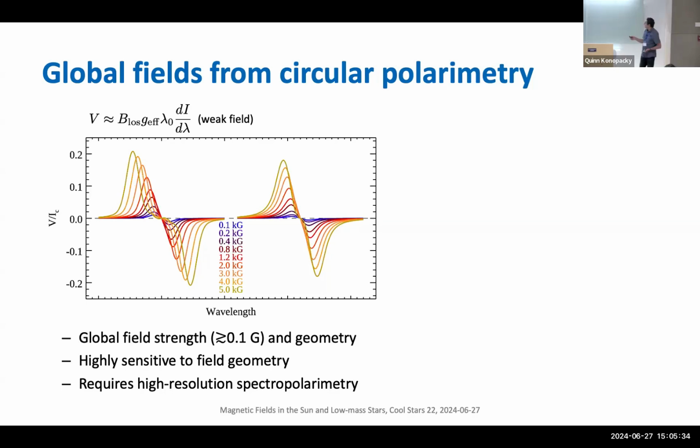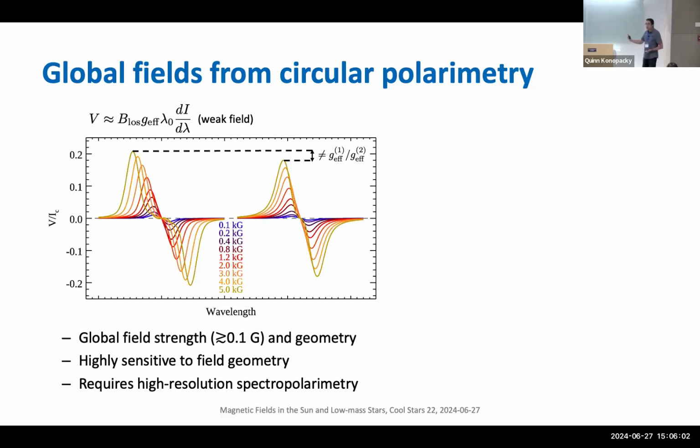And also one thing that is appearing, the amplitudes of the signals are no longer tracked by the ratio of effective Landé factors. So that's the prominent effect coming from deviation from the weak field limit. This type of modeling is actually easier to do than modeling of Stokes I, because Stokes V is a first order effect.